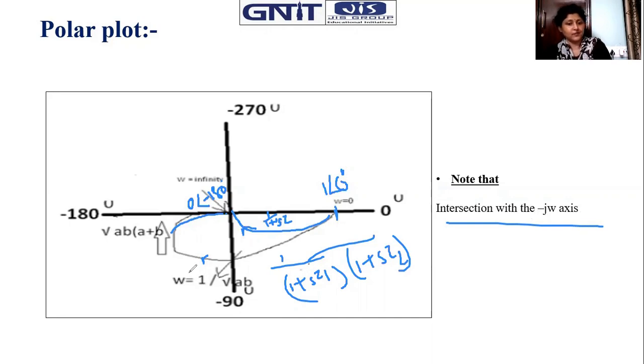So you need to find at what particular omega it is intersecting and what will be the intercept. That means from the origin to the point A, what is the vector length while it is touching minus 90 degree. That means it is getting the angle minus 90. Or there will be no real part at that point, only the imaginary part. Because the phasor is moving from the only real value, then it is covering as a whole the fourth quadrant, that is having the complex value.